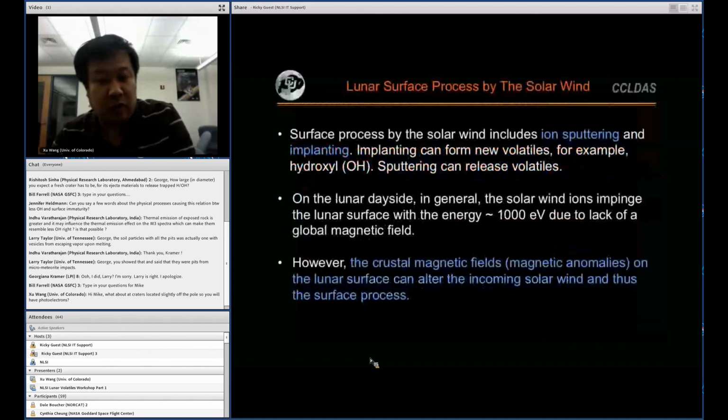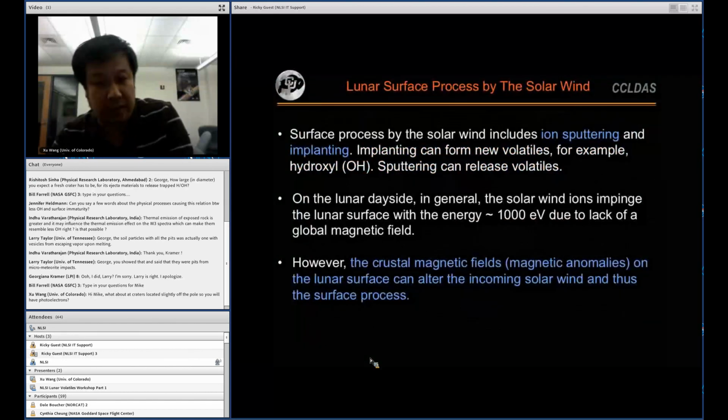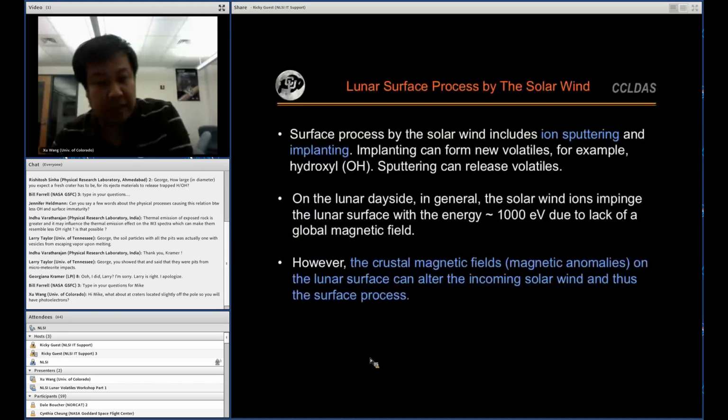In general, on the lunar day side, the solar wind ions directly impact the lunar surface with very high energy, about 1000 eV, to sputter the surface because there's no global magnetic field. However, the crustal magnetic fields, also called the magnetic anomalies on the lunar surface, can alter the incoming solar wind ion bombardment and therefore alter the surface processes.